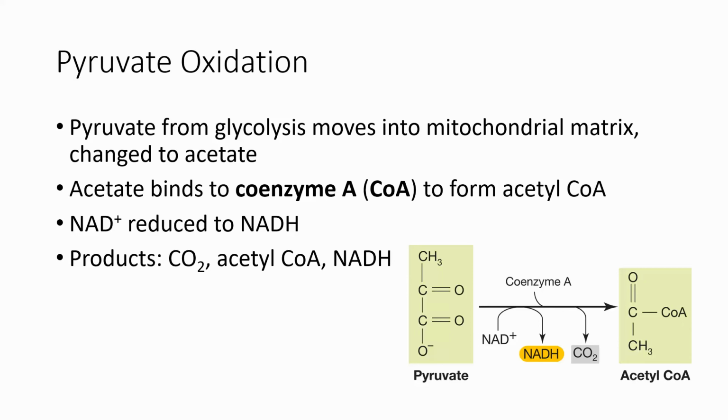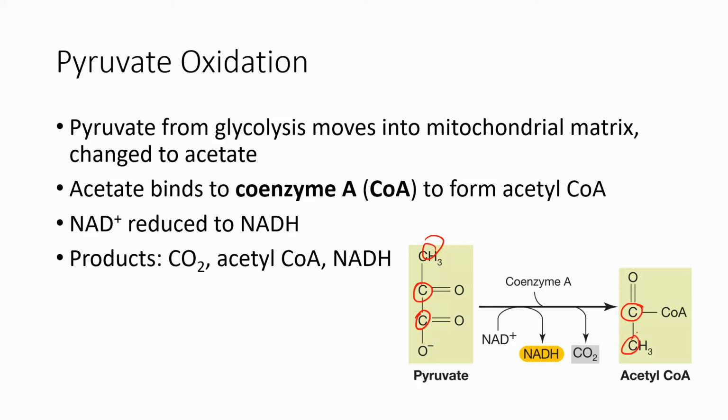After this, the pyruvate that's formed in glycolysis is going to move into the matrix of the mitochondrion, where the cell is going to catalyze a reaction to transform pyruvate, which has 3 carbons, to acetate, which only has 2 carbons.